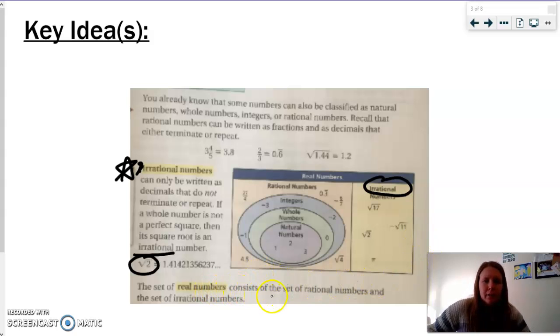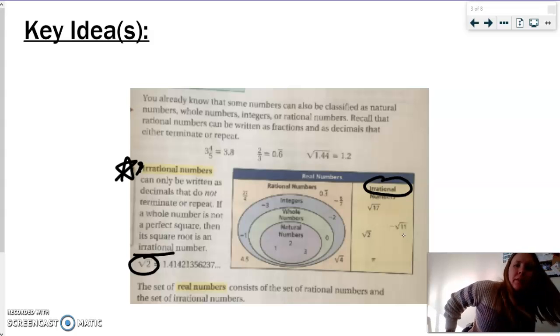The set of real numbers consists of the set of rational numbers and irrational numbers. So all the numbers we've been working with up until this point in math have been real numbers, as I said. We're either working with rational or irrational. Here's how they break it up in this little diagram. It's a little blurry on this one, but I have it on the other slides for you to see a little better.